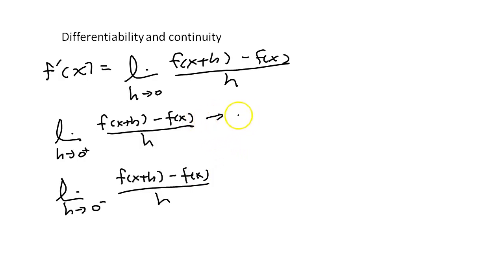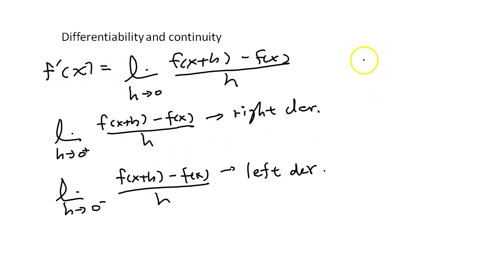Now this one is called the right derivative, and this one's called the left derivative. Only if these two limits agree, and if they are finite, can we say this limit does exist, and therefore the derivative does exist.